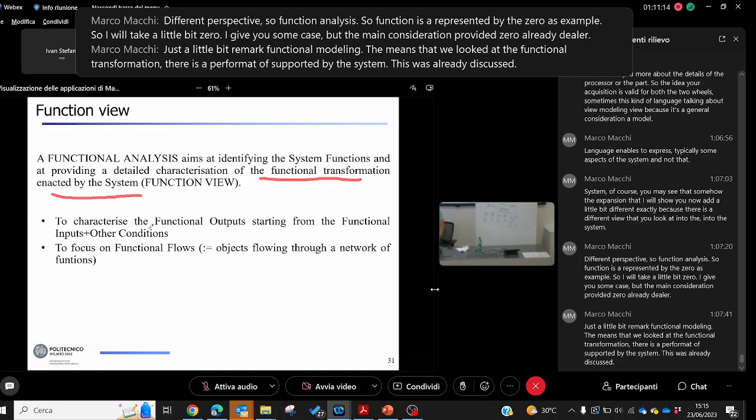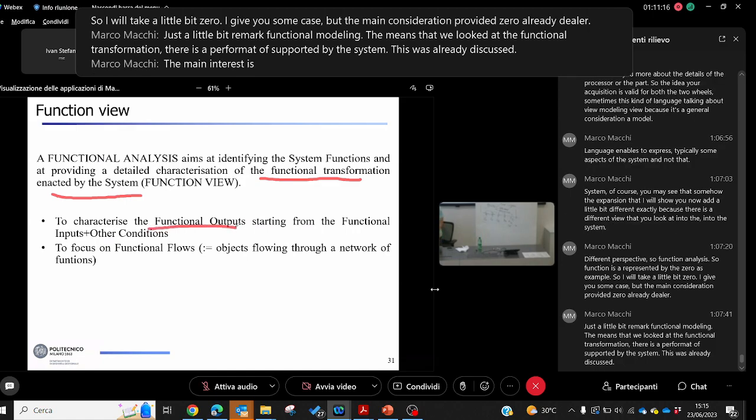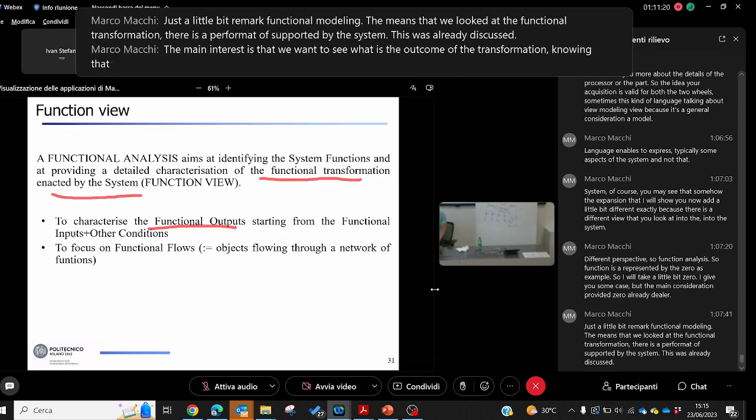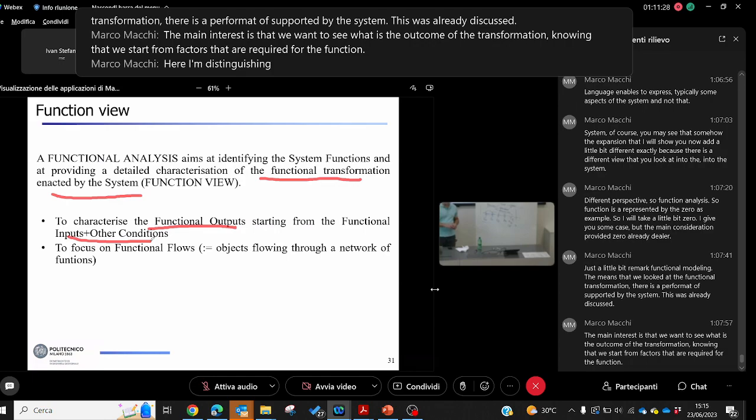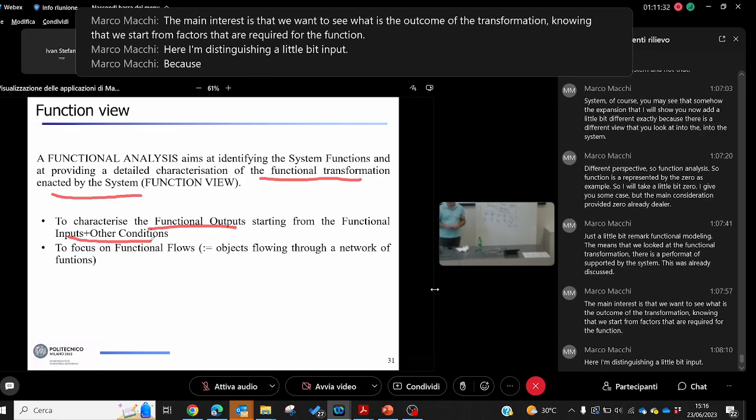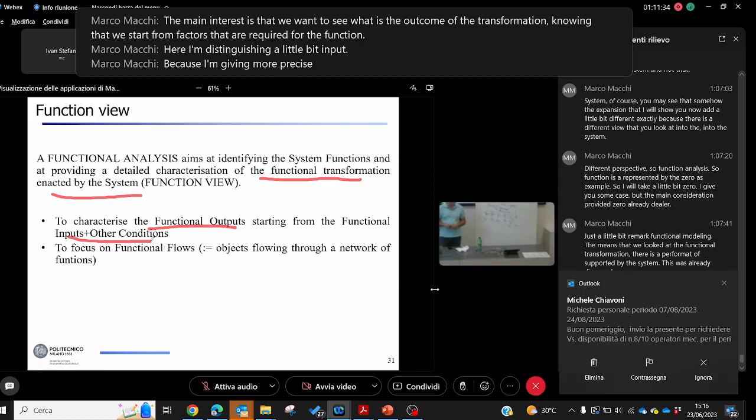The main interest is that we want to see what is the outcome of the transformation, knowing that we start from some factors that are required for the function, already said. Here I'm distinguishing a little bit inputs plus other conditions, because I will be more precise with respect to previous consideration.